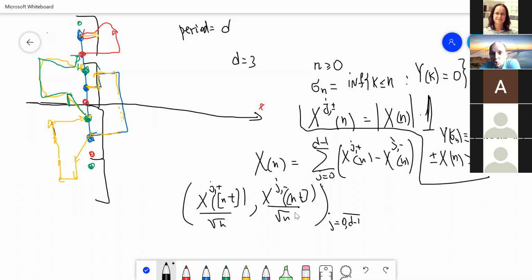So this is a 2d-dimensional vector. Here there are all colors and all signs, pluses or minuses. And I would like to find a limit of this 2d-dimensional stochastic process.